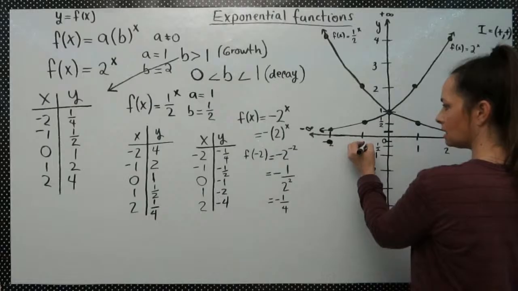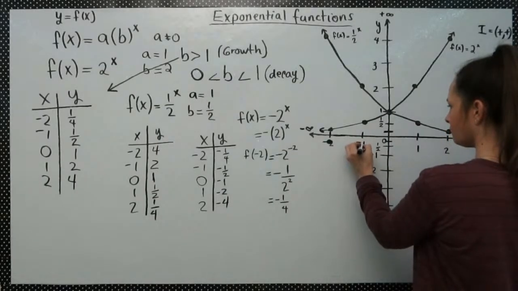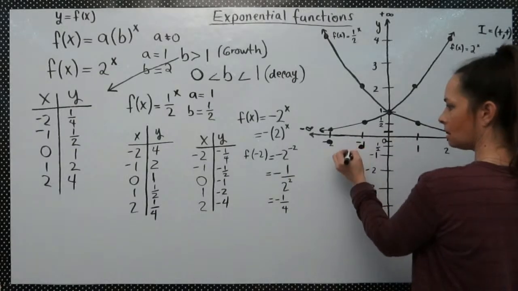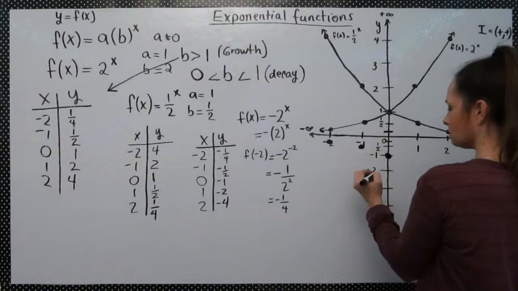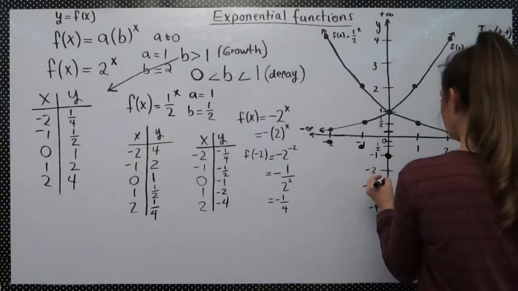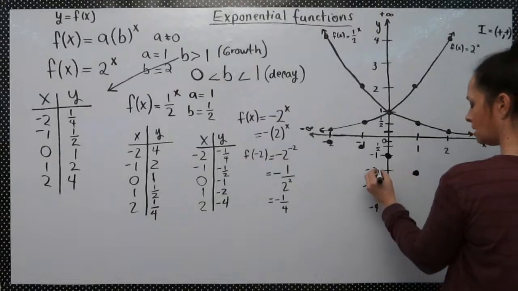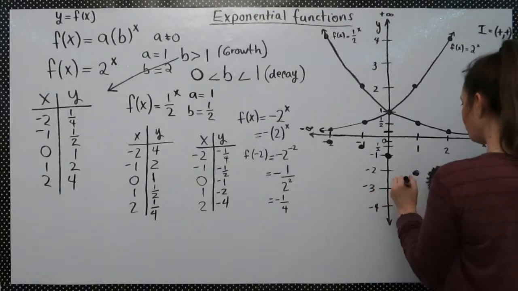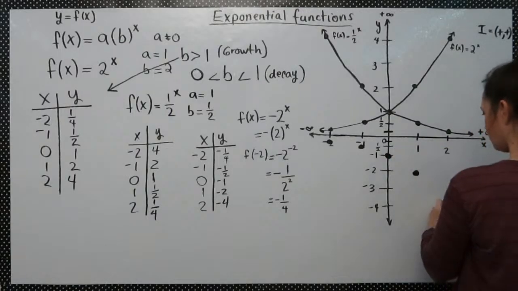And then at -1, we're at a half, which is right here. And then 0, we're at -1. And then at 1, we're at -2. And then 2, we're at -4. Okay.